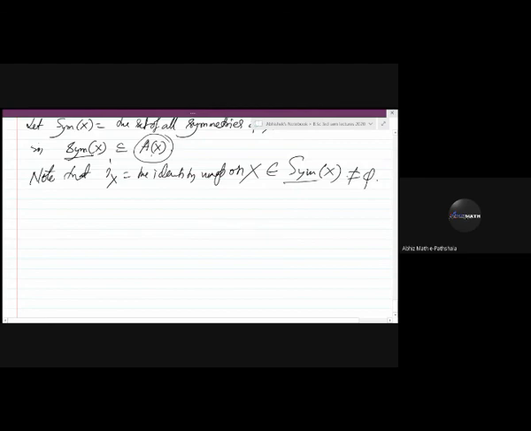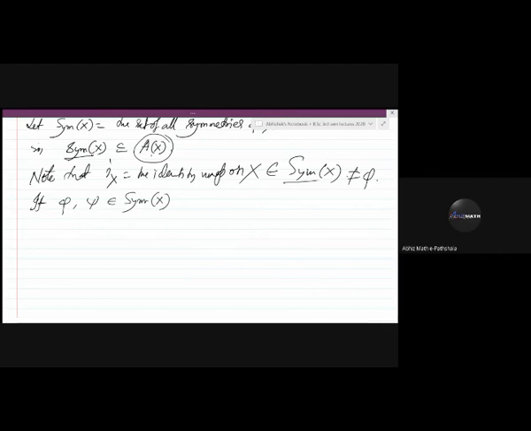Rather, firstly we need to check that if phi and psi are two symmetries, do they satisfy the closure property?